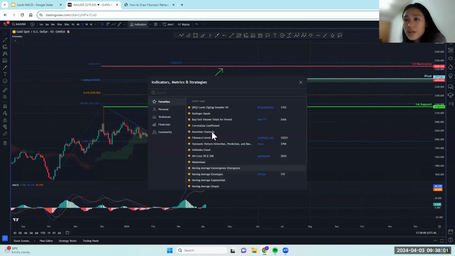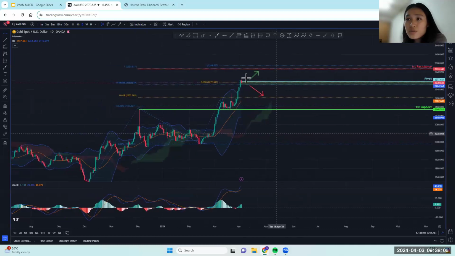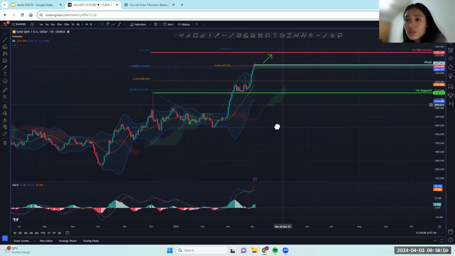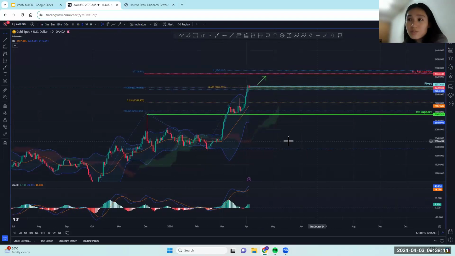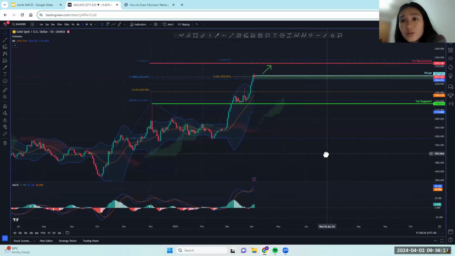Let's look at Bollinger Bands. Okay, you can see price is moving above the upper band, so it's also giving us a bullish signal. Okay, so yeah, when you're using the MACD, you shouldn't use it alone. You should use it in combination with your technical analysis and also other indicators to support as well.